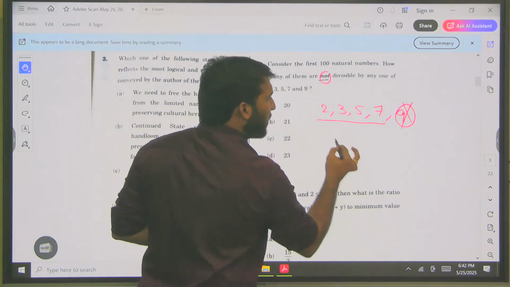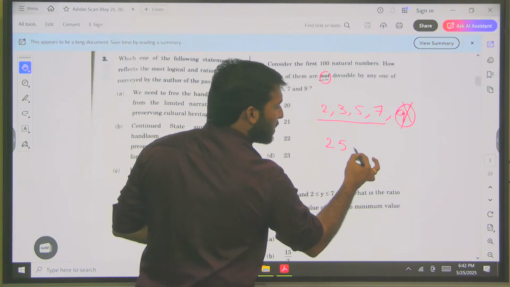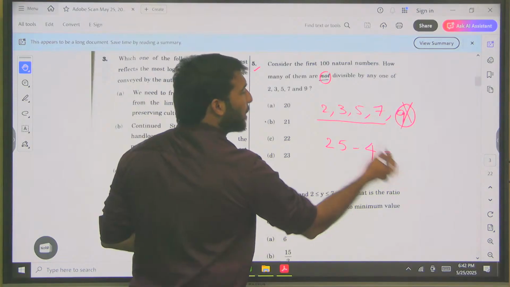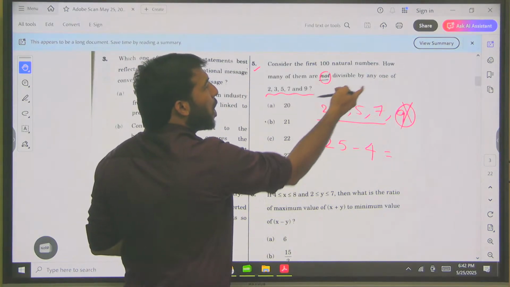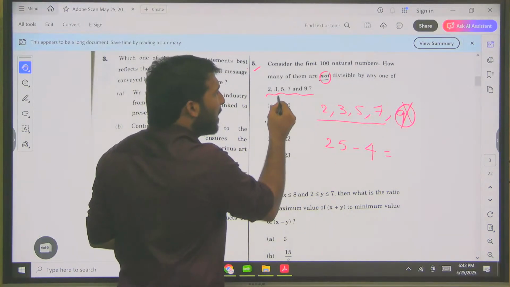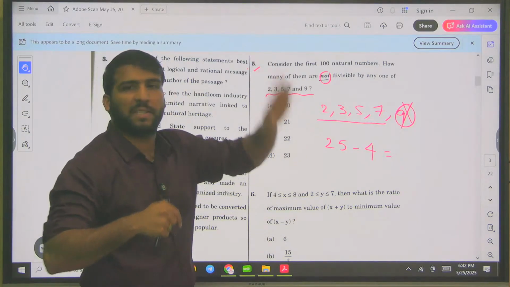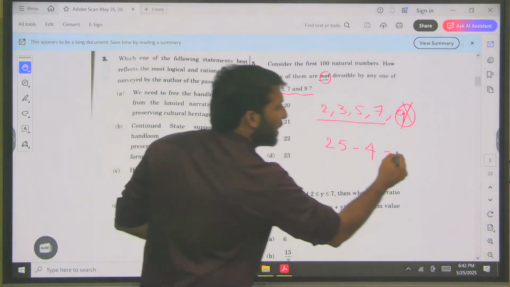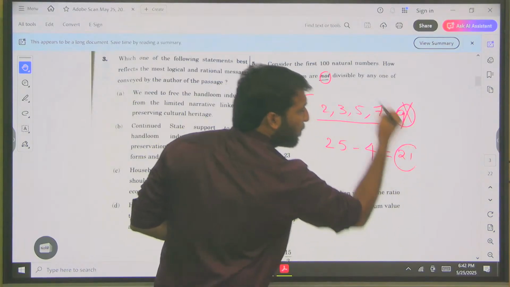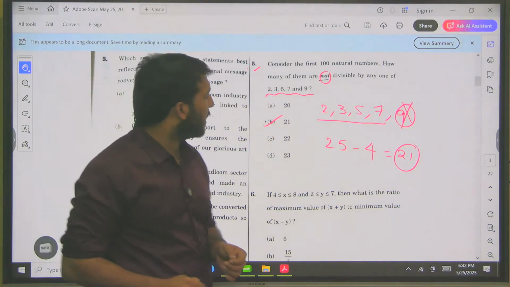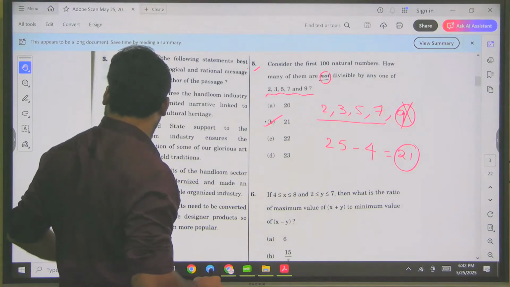Among the 25 prime numbers, you have to subtract 4 prime numbers, because they are asking not divisible by any of these. The prime numbers 2, 3, 5, 7 are divisible by 2, 3, 5, 7. That's why 25 minus 4 will be 21. So your answer is 21. Clear? Yes.